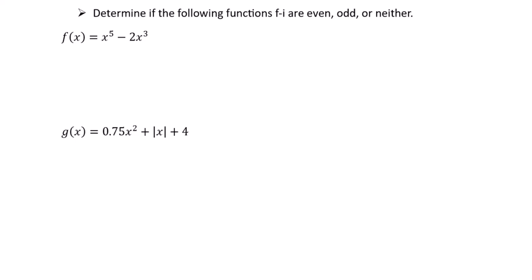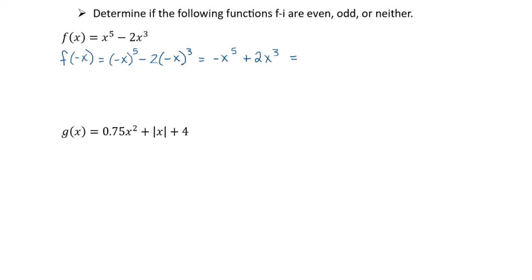So here let's determine if the following functions f through i are even, odd, or neither. So the test is to see what happens when we put in the negative x instead of x. So f of negative x is going to be negative x to the fifth minus 2 times negative x cubed. And this is negative x to the fifth plus 2x cubed.